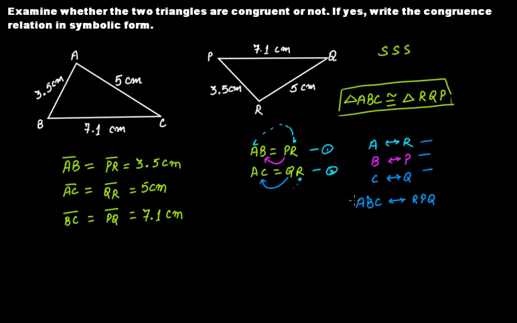So this is the congruence relationship. That is, A and R are corresponding vertices, B and P are corresponding vertices, and C and Q are corresponding vertices.